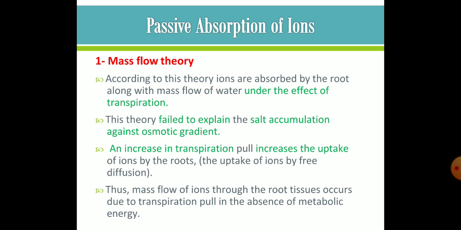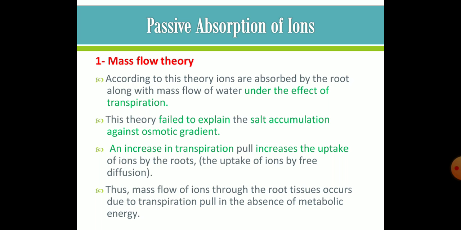The first one is the mass flow theory. According to this theory, the ions absorbed by the root flow along with the mass flow of water under the effect of transpiration.